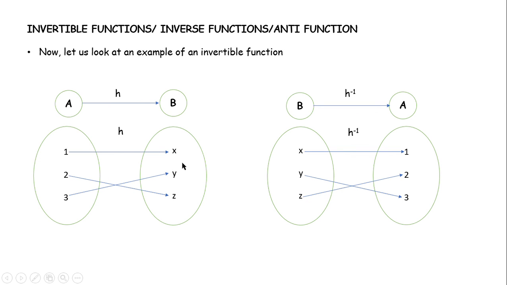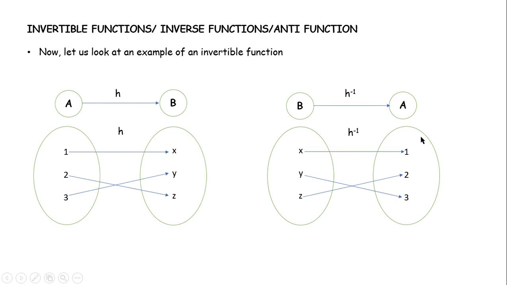That means here x was the image of 1, here 1 became the image of x. Here z was the image of 2, so here 2 became the image of z. Here y is the image of 3, so here 3 becomes the image of y. The way in which elements are mapped is the same, only the order of the mapping is reversed.